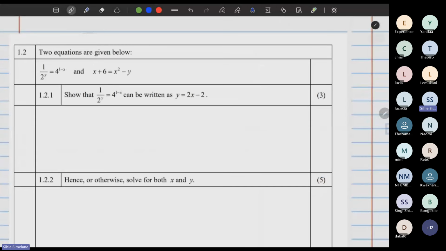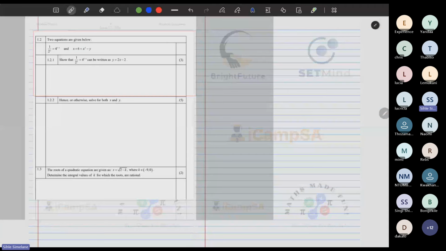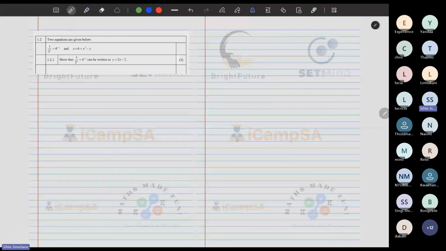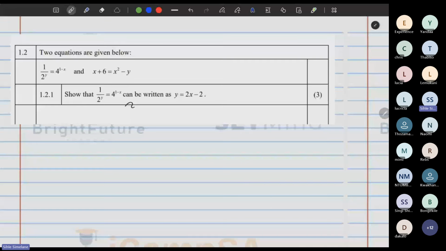So the next question, we're given two equations, and we are required to show something. Let me cut this and just focus on this portion here. We'll add the other one. We are required to show that 1/2 to the y equals 4 to the power of 1 minus x can be written as y equals 2x minus 2.